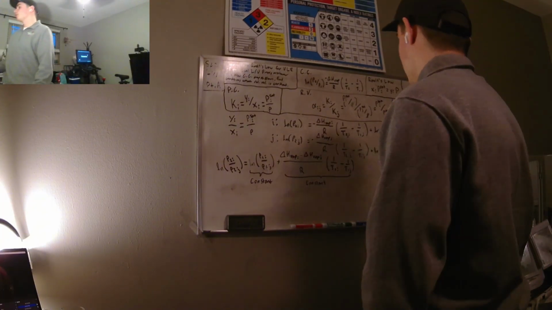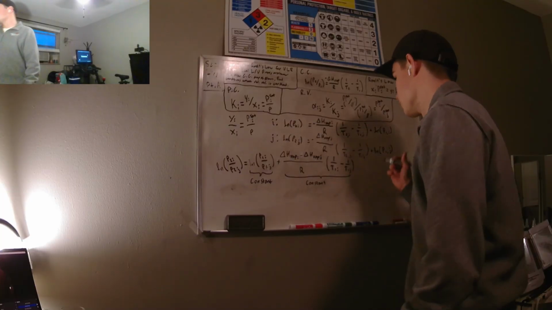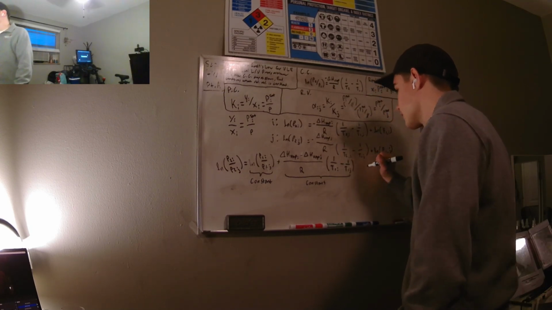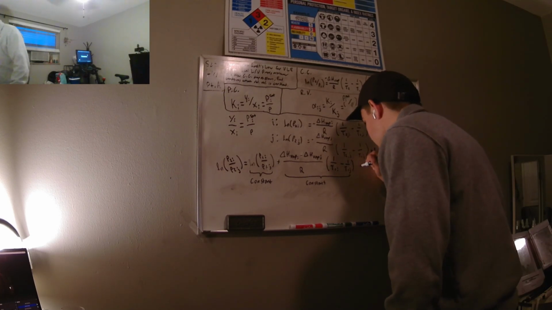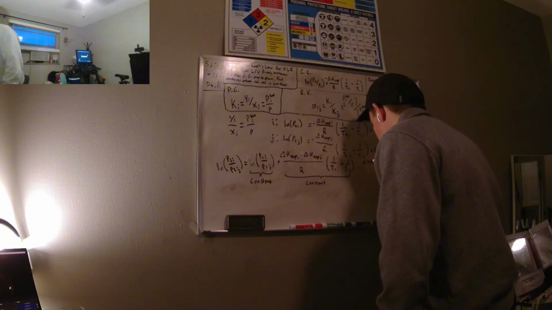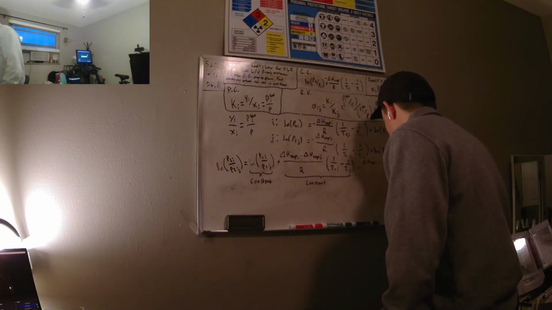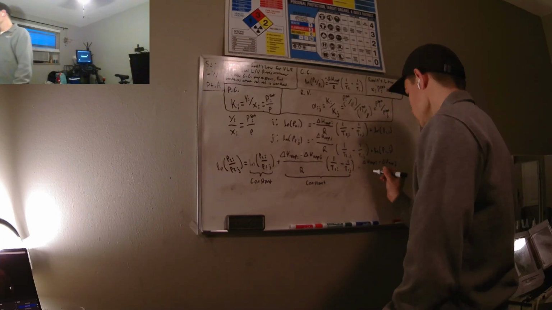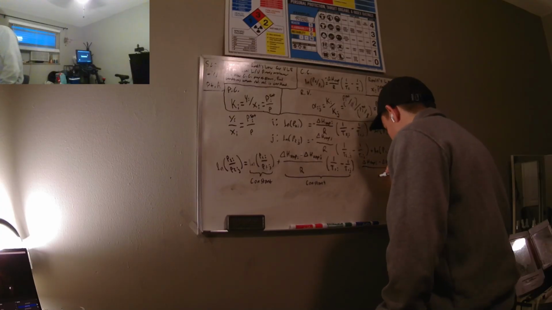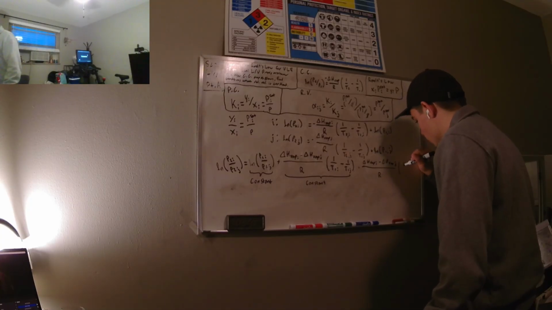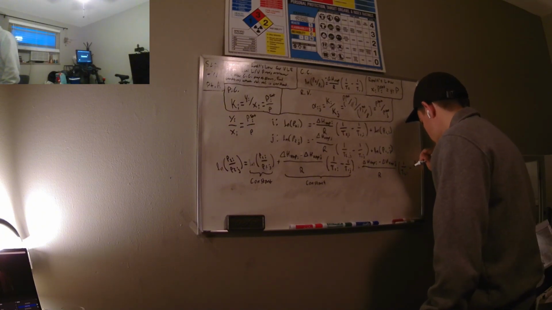Well, that's obviously our T2s. So, adding on to this, we've also got to add our delta H vap i minus our delta H vap j, all over R, times our 1 over T2i minus 1 over T2j.